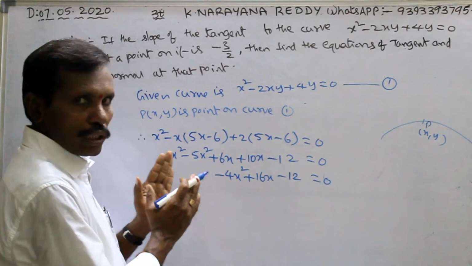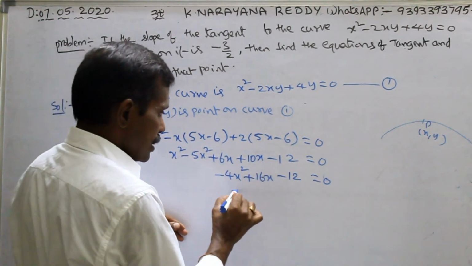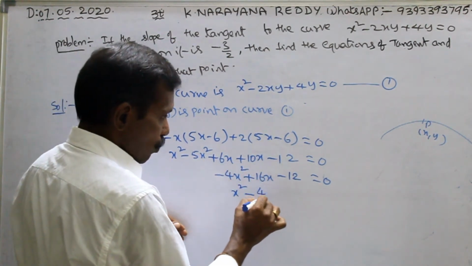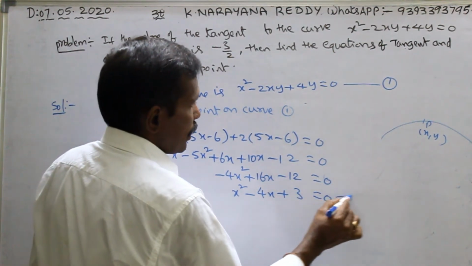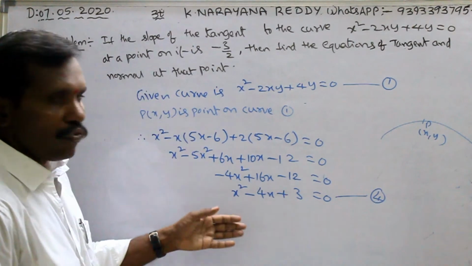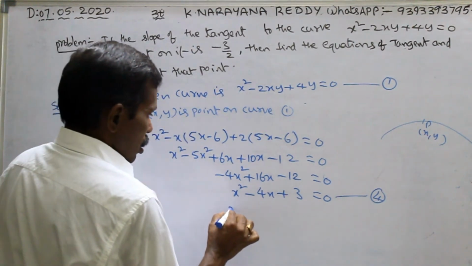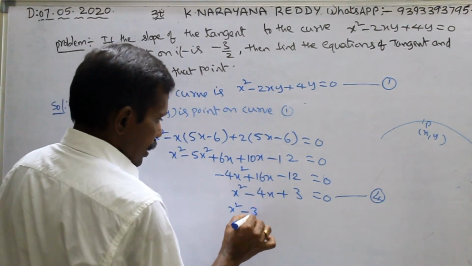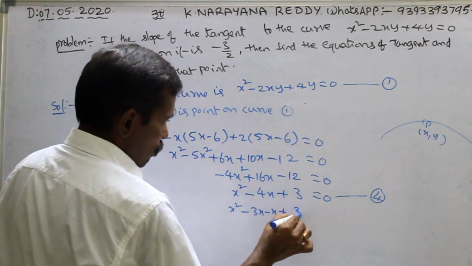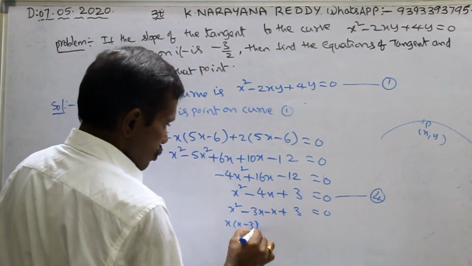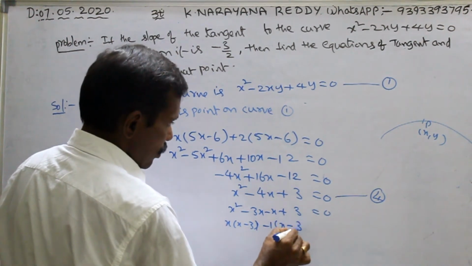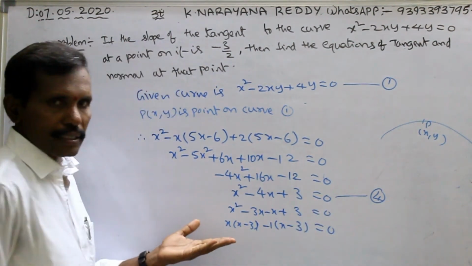I will divide throughout the equation by minus 4, which means x squared minus 4x plus 3 equals 0. That is number 4. Now factorize this. x squared minus 3x minus x plus 3 equals 0. x into (x minus 3) minus 1 into (x minus 3) equals 0. You know about factorization.